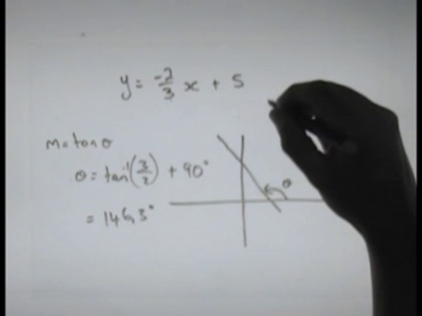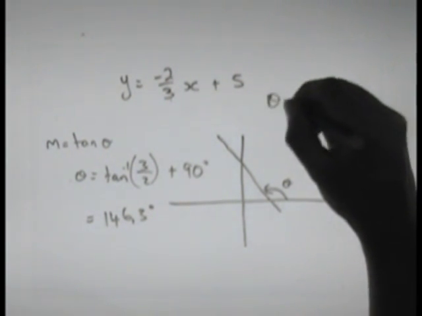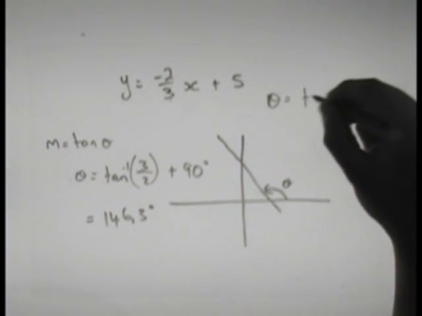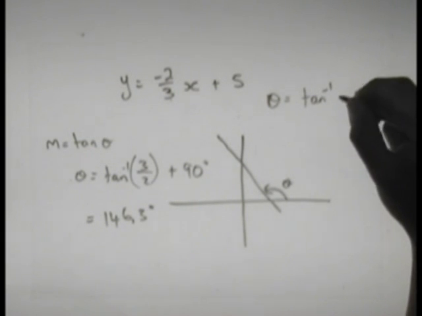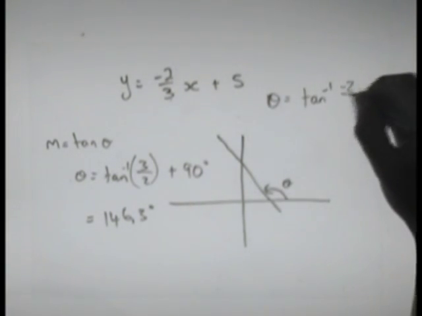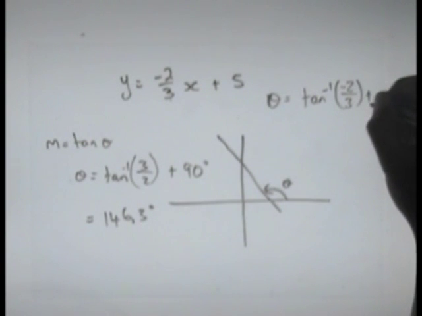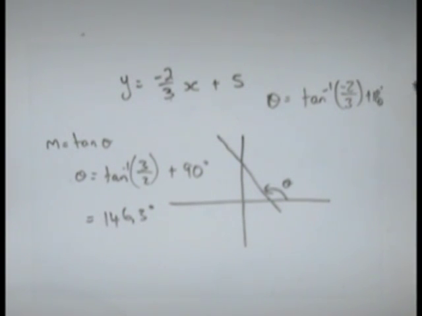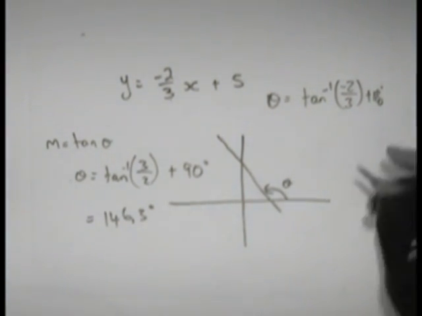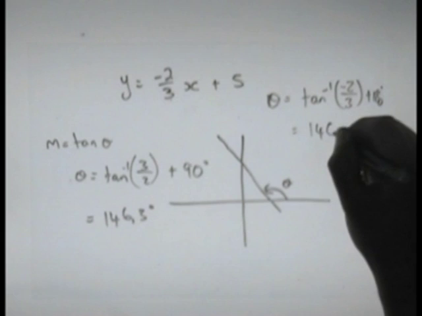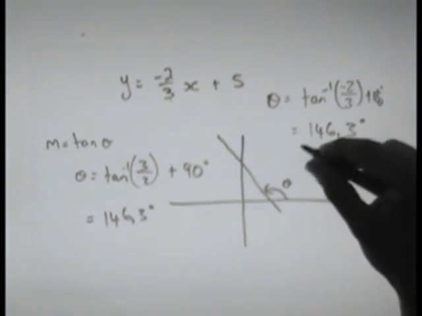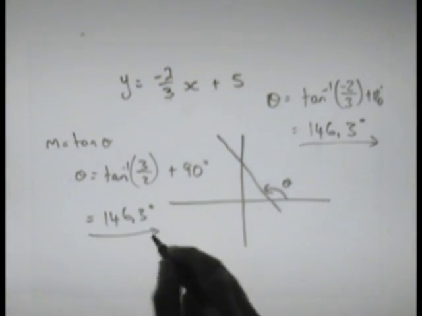The other method would have said theta is equal to inverse function tan of -2/3 plus 180 degrees, which is equal to, again, 146.3 degrees, rounded off to 1 decimal place.